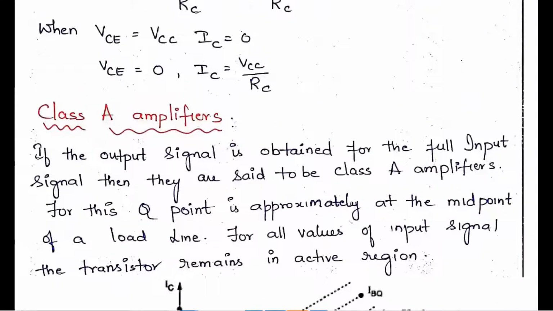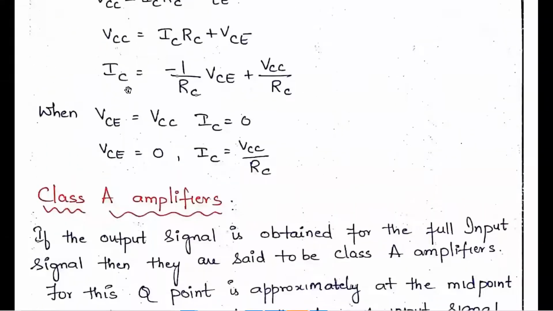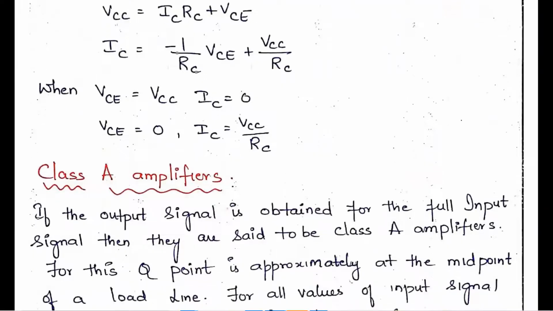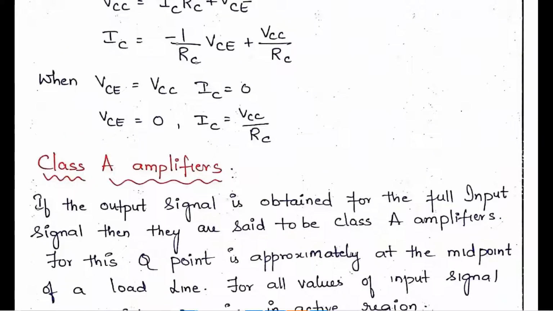How can we fix the DC voltage and current? By using this load line, we can fix the values of, for example, VCC 12 volts, VCE 6 volts, RC 1 kilo ohm, suppose.